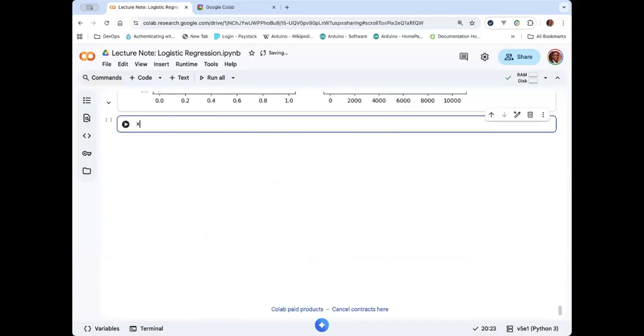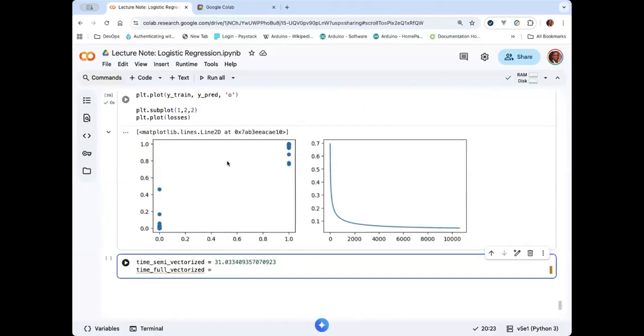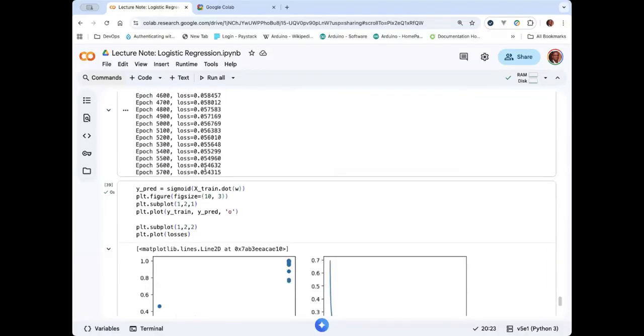So we can say the time using semi vectorized is this, right? But the time with full vectorized is what?